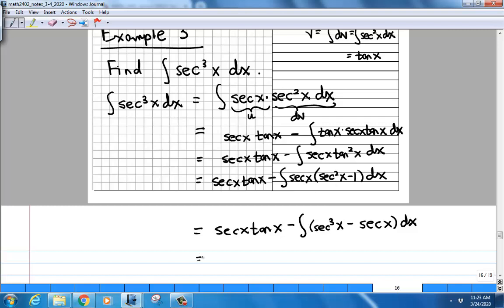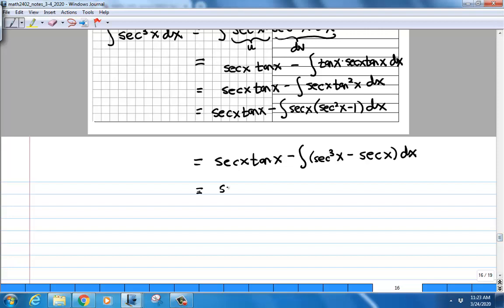So now you have the antiderivative of two terms, and I'm going to break that up into two different antiderivatives. So I have minus the antiderivative of secant cubed of x dx, and then, being careful with the minus signs here, this is going to be plus the antiderivative of secant of x.